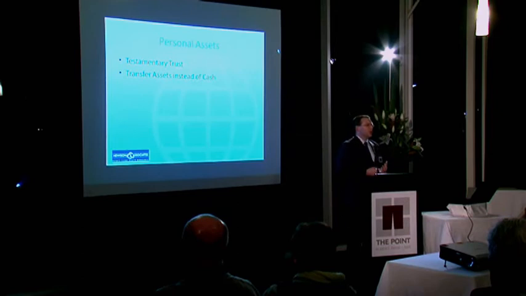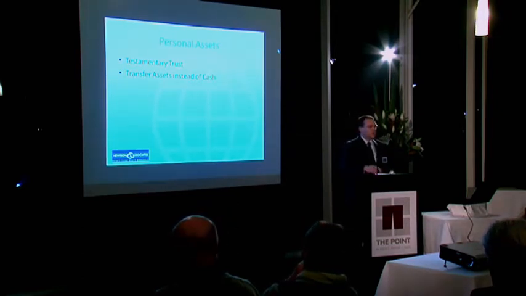With your personal assets, another pretty easy way to preserve wealth is to make sure that your executors have the opportunity to transfer assets rather than cash to beneficiaries. By this I mean that your executor doesn't just sell up everything and then transfer the money through to beneficiaries, but actually gives each beneficiary a pro rata share of the assets.